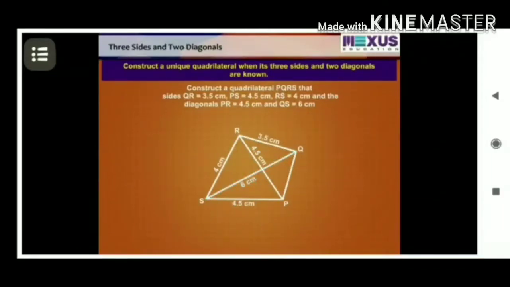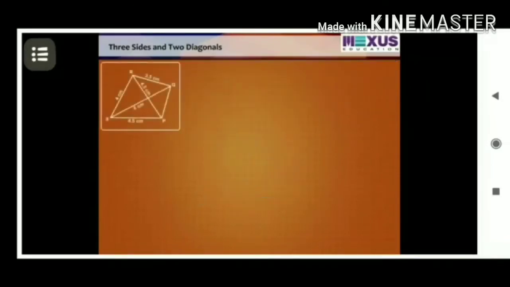We saw that when 4 sides and a diagonal were given, we first drew a triangle with the available data and then tried to locate the 4th point. The same technique is used here also. Let us now construct it step by step. Step 1.